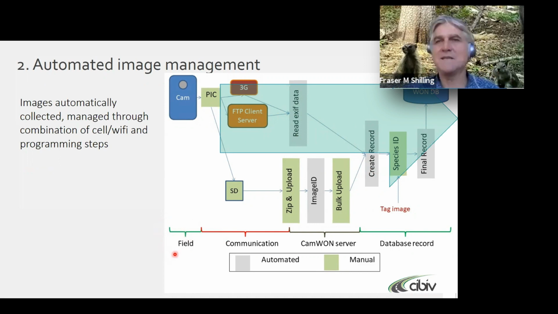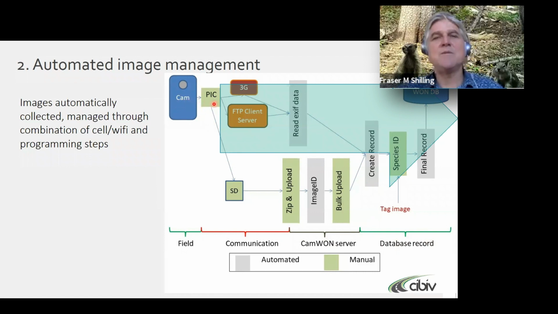There's a field component, the camera's in the field collecting images. Communication, the camera's sending, in this case, the data by cell network or Wi-Fi. The server, which is the home server at UC Davis, where the data are collected and processed, and then the database, where the database records would reside.